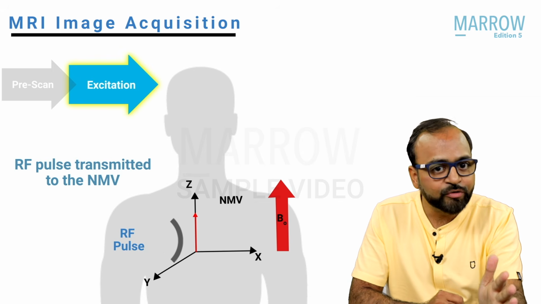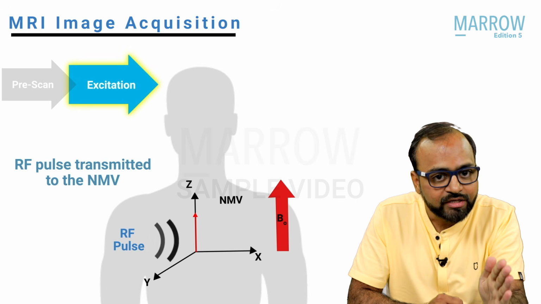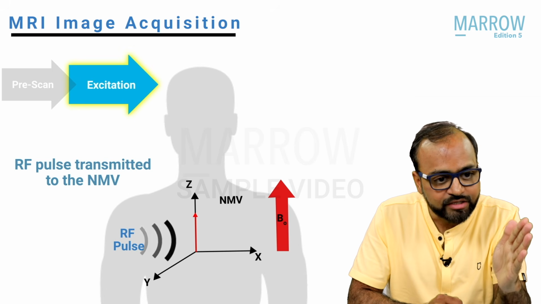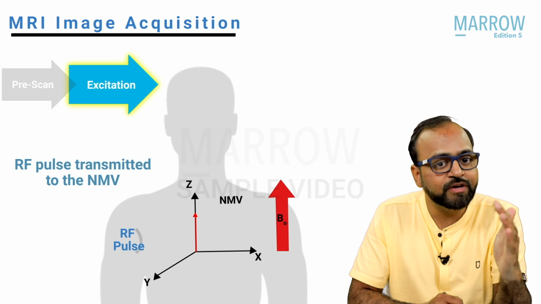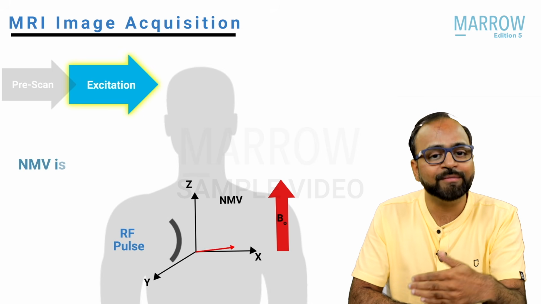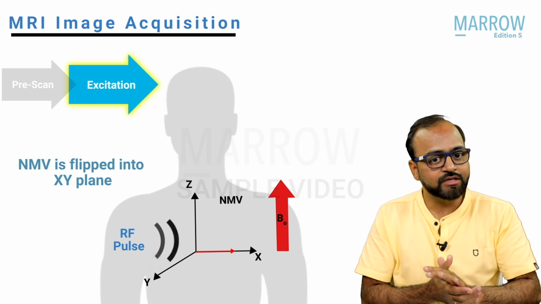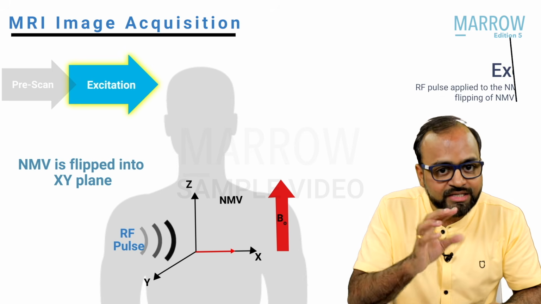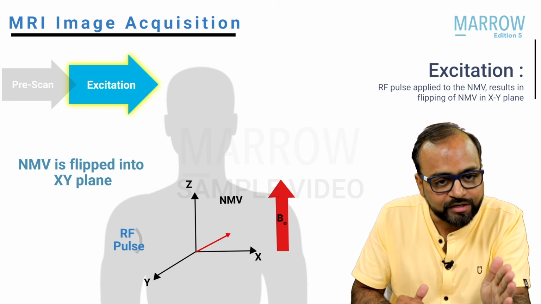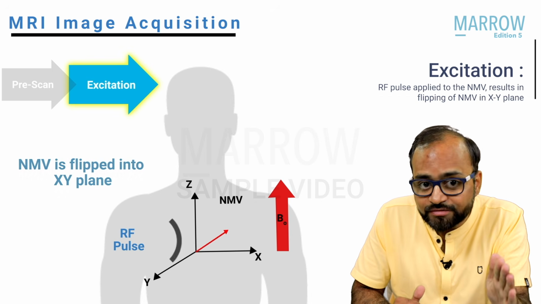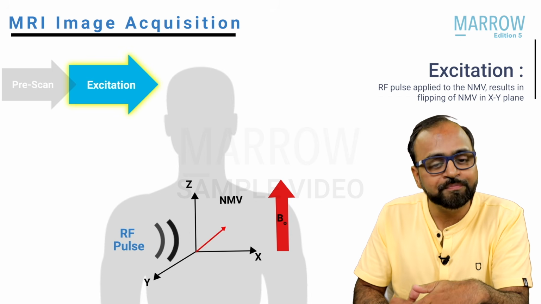The net magnetic vector takes that energy, and because it has received some extra energy, it moves away from the z-axis. For example, it flips down into the xy plane along the x-axis. So excitation is when a radio frequency pulse is applied to this net magnetic vector, and because of this energy, it flips into the xy plane.